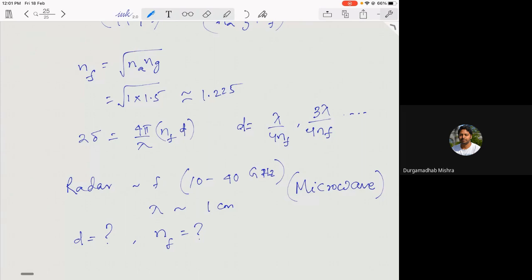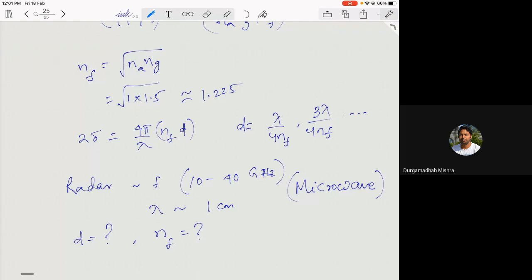I hope you would appreciate that solving electromagnetic equations actually leads to a lot of engineering applications. Here we saw how you can reduce the reflection from a surface by optimizing the thickness and the refractive index of the material.